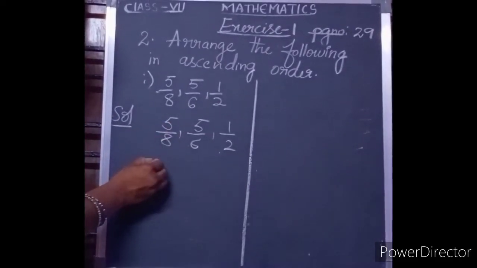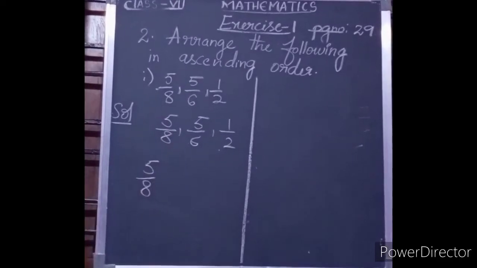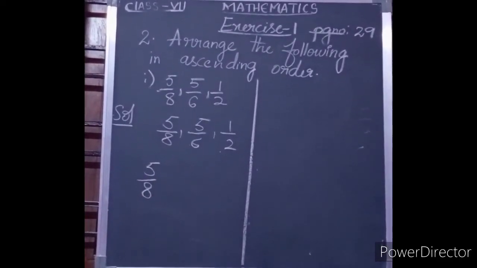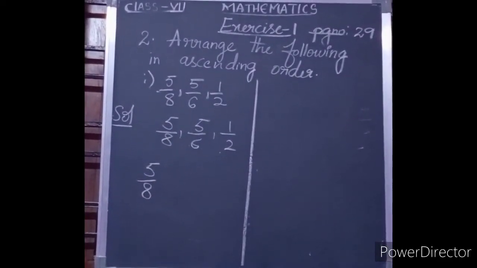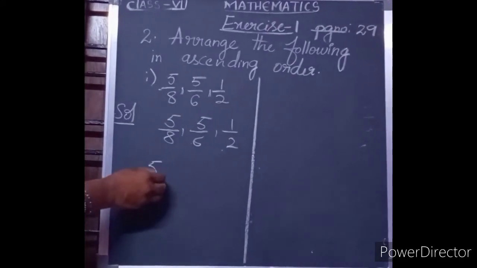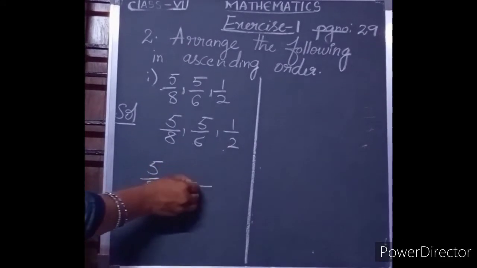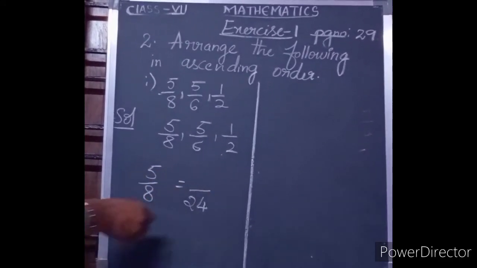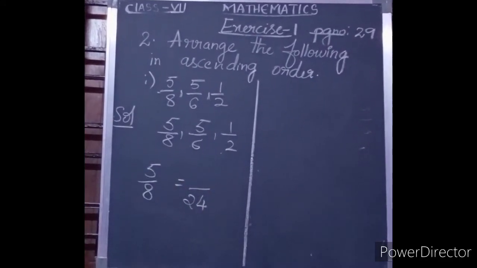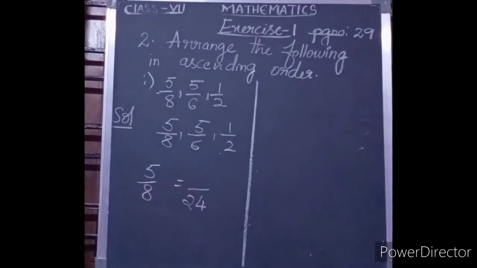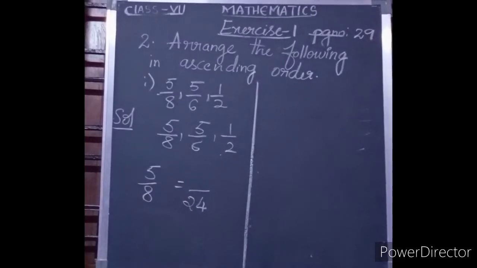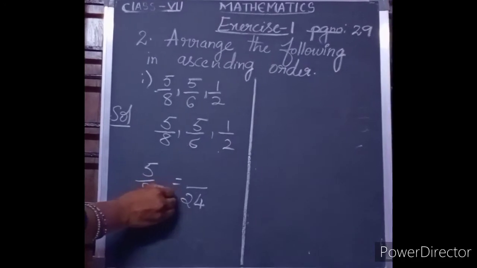So let us take first 5 by 8. Let us change into LCM. Now what we multiply to 8, we will get 24 children. 24 is the LCM we got. What we multiply to the 8, we get 24. 8 3s are 24.